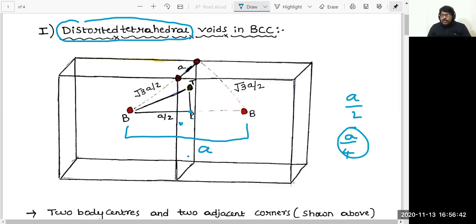They are located at the midpoint of edge center and face center. Edge center is not a particle, that is only a point. Face center is not a particle, that is only a point. Like this, there will be 4 tetrahedral voids on each face. BCC is basically a cubic unit cell.